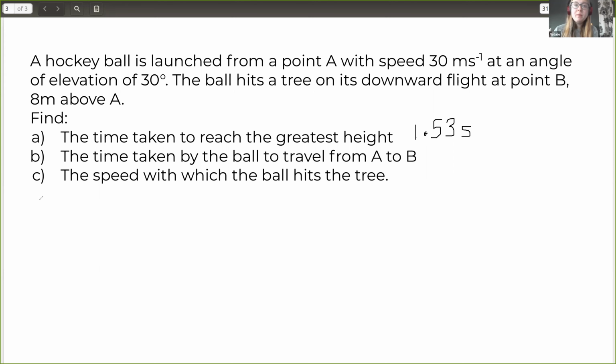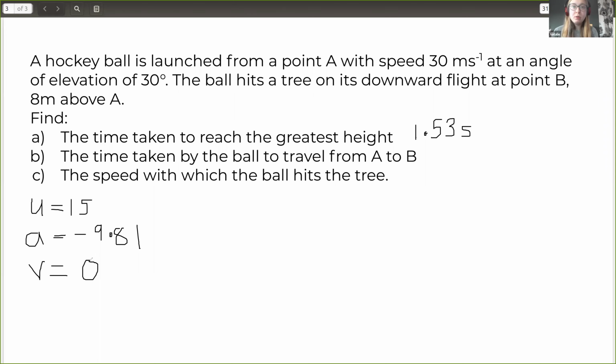So using the previous values that we had of u is 15, a is minus 9.81, and v is 0.